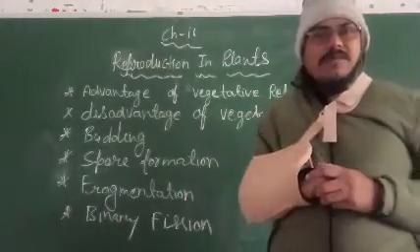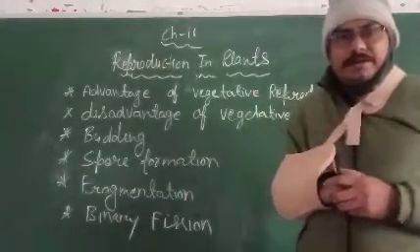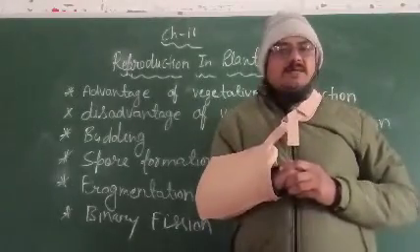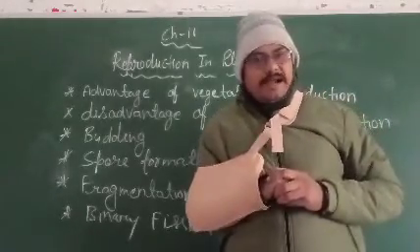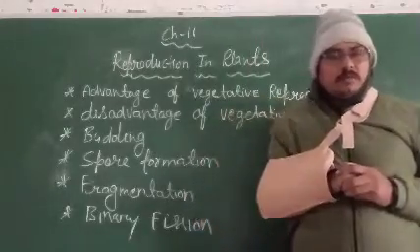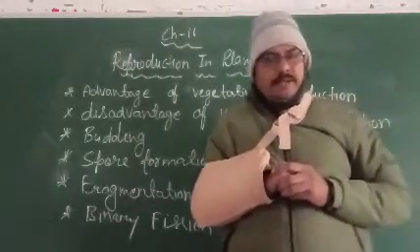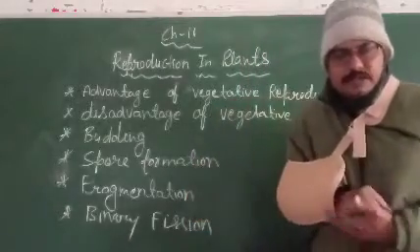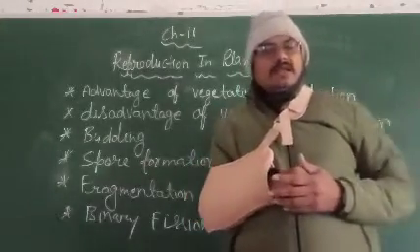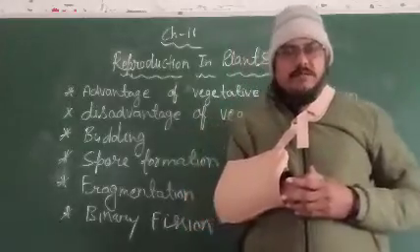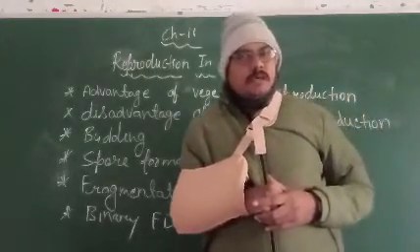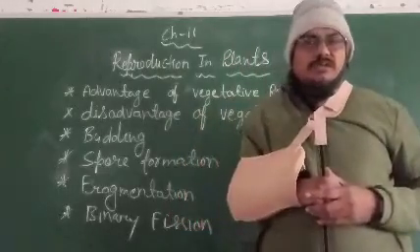Next, I explained budding in plants like yeast, in which buds come out, and the buds separate from the mother plant, become mature, and grow into a new plant. This method of reproduction in yeast is budding. Next, spore formation. Spores are not seeds actually.